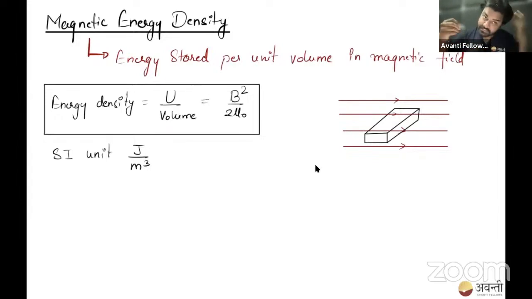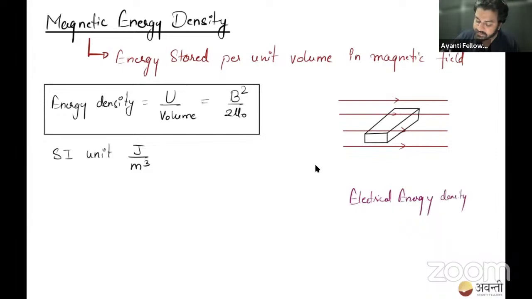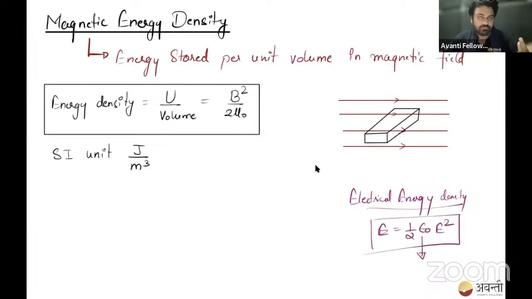That electrical energy density, if you remember, the formula was half epsilon naught E square, where E is the magnitude of the electric field.